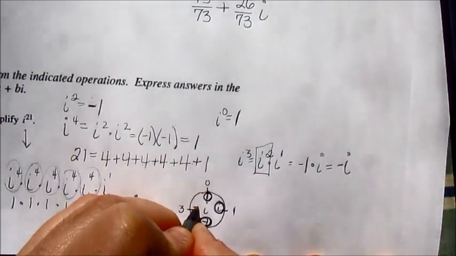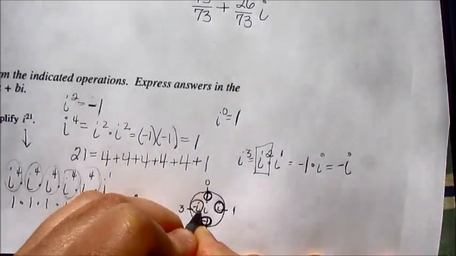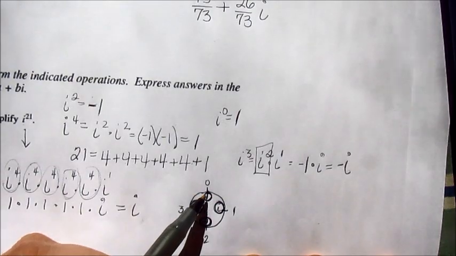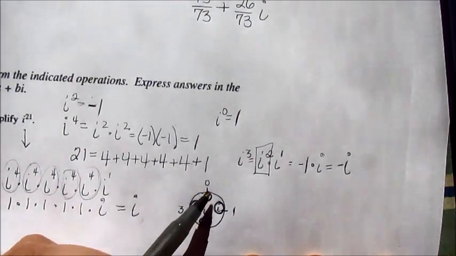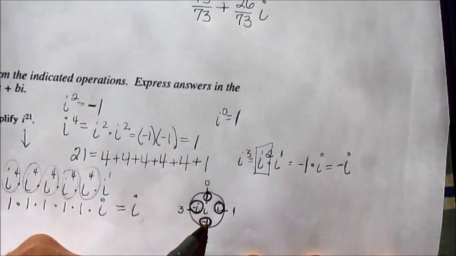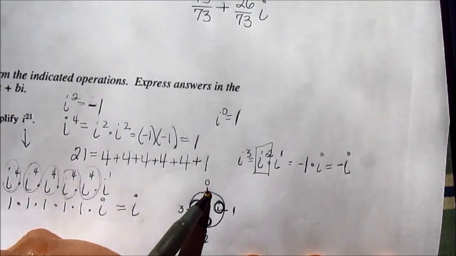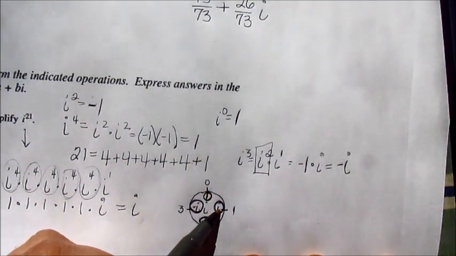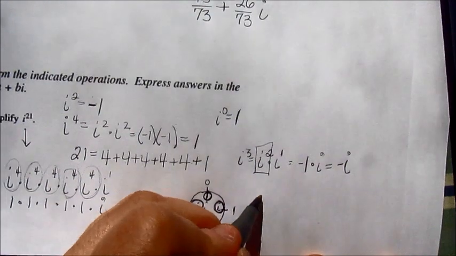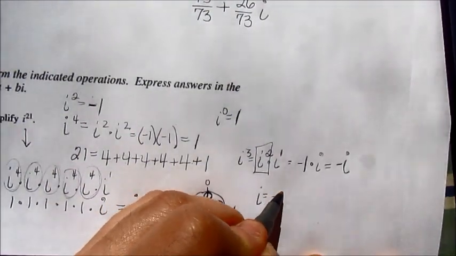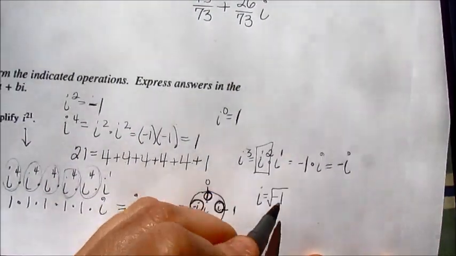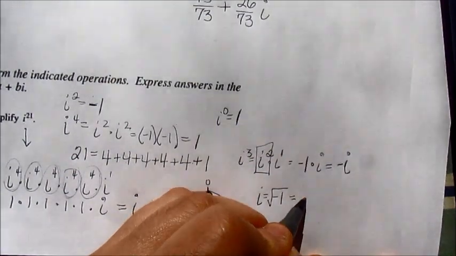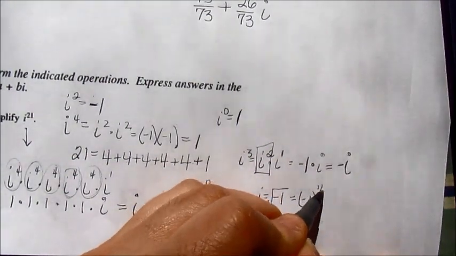So this would be negative i. So with a negative 1, when you keep multiplying a negative 1, you're going like this. With i, it's only negative 1 to the 1/2 power. i equals the square root of negative 1, or negative 1 to the 1/2 power.